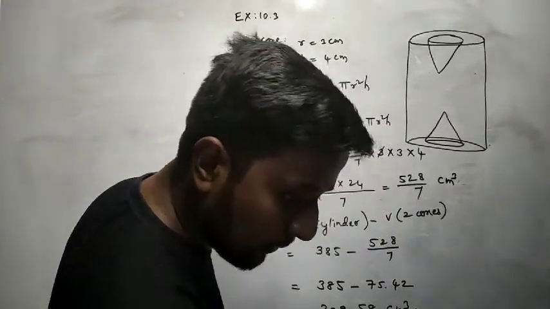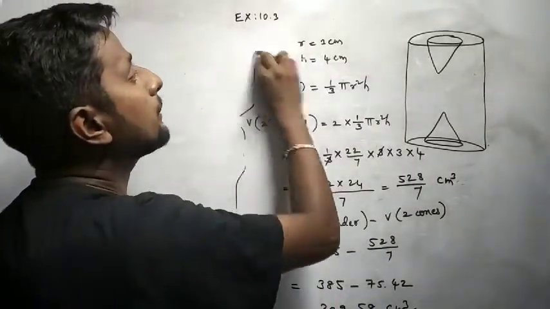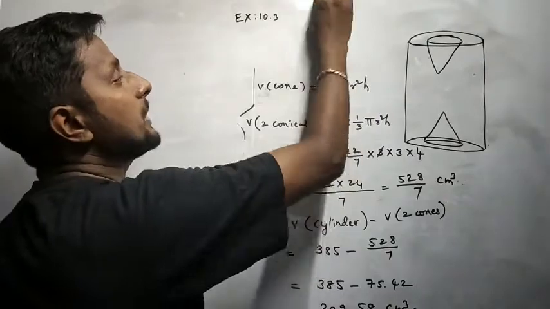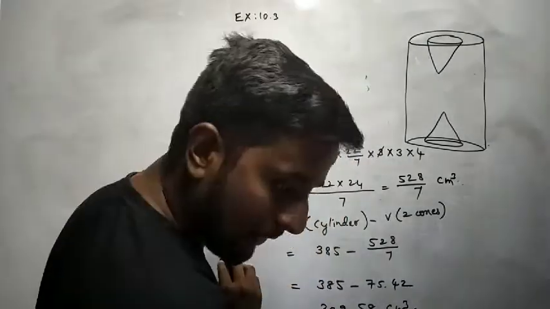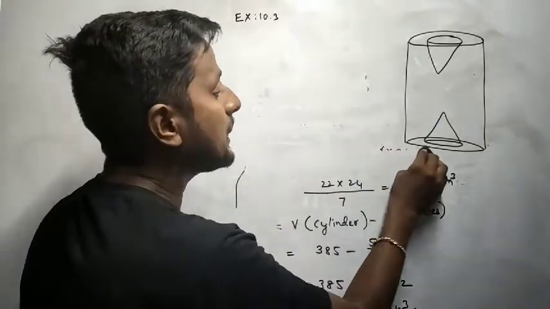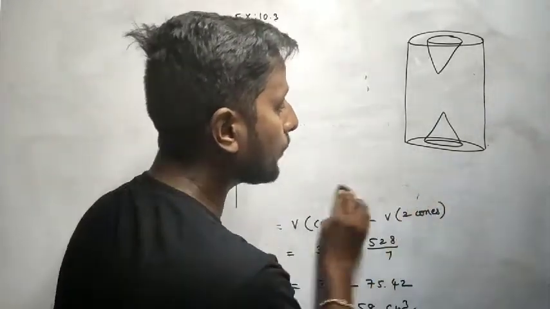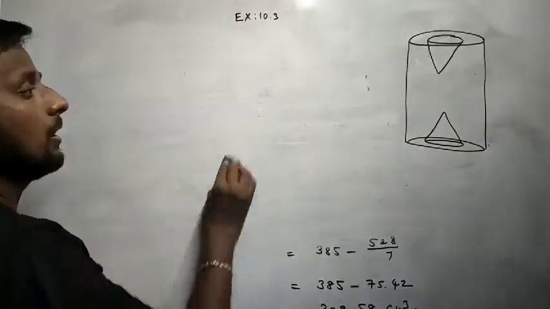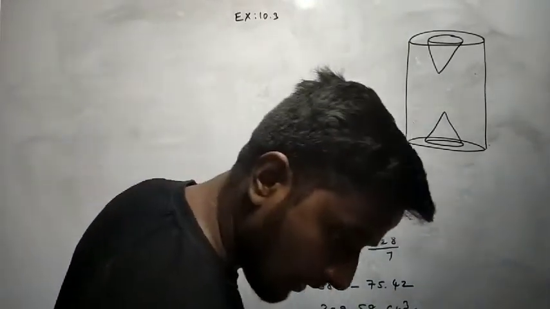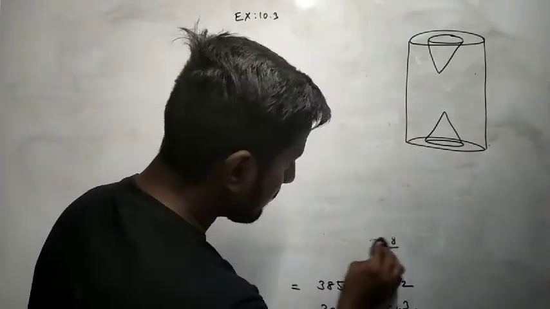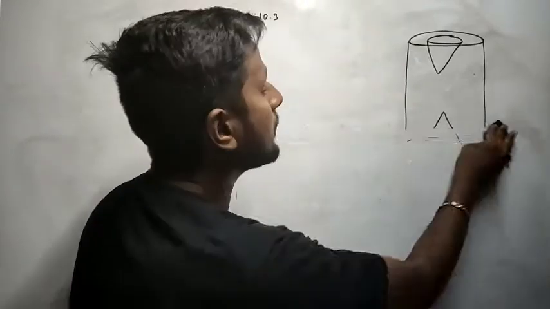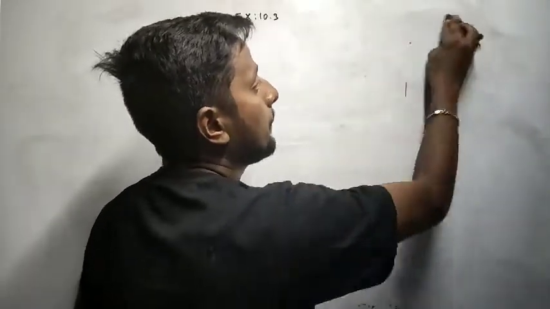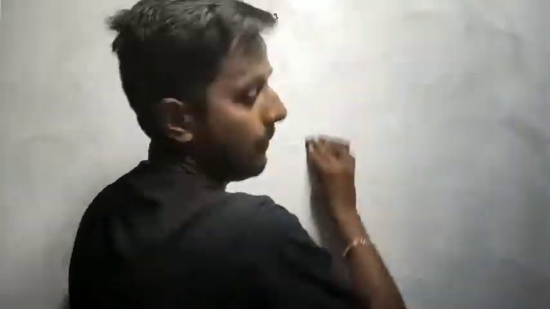Yeah, the sixth problem is, there is a spherical marble of diameter 1.4 centimeter. Now, that marble has been dropped in the cylindrical beaker of diameter 7.